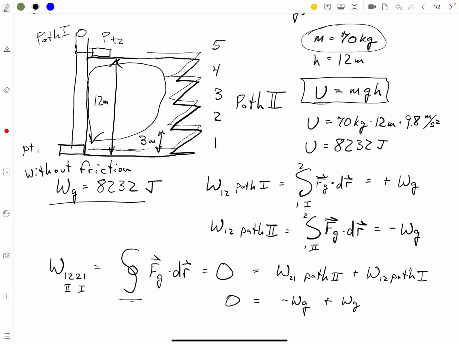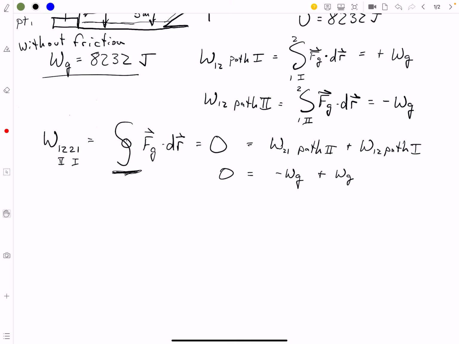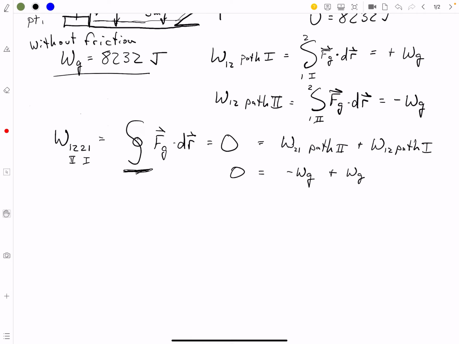Okay, let's get back to this symbol right here. That symbol is an integral symbol, we all know that, but it's a path integral, meaning a circular path. So we're starting at a certain point, going to another point, and it doesn't matter how we do it, that is our circular integration path, okay?